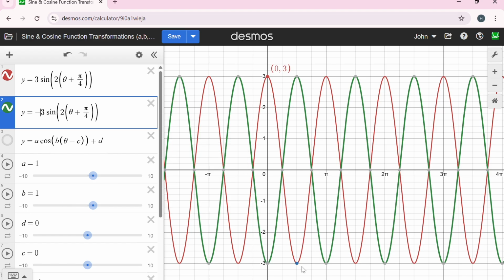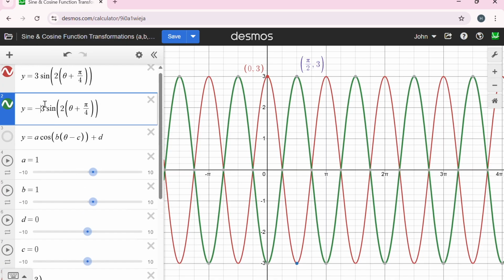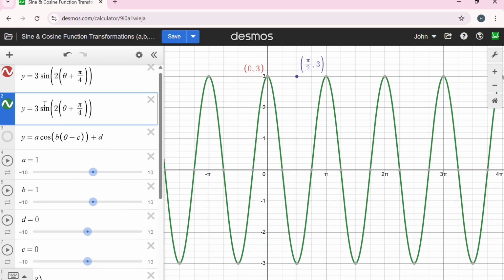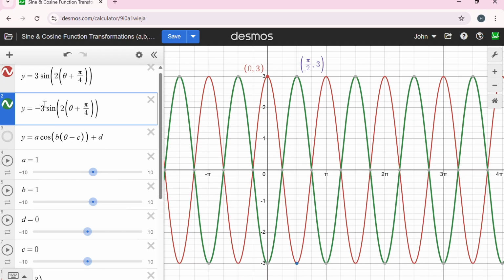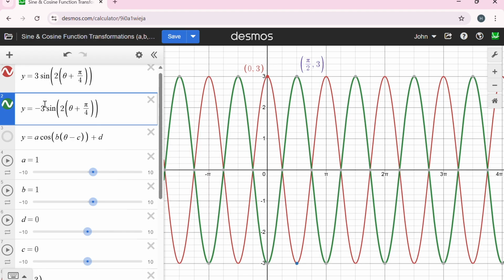So now if I label this point right there, so this point and this point, the two maximums, once I make it negative, it's a reflection of the red graph. Okay, now we are out of phase by pi over 2, which is 1/2 of the period.